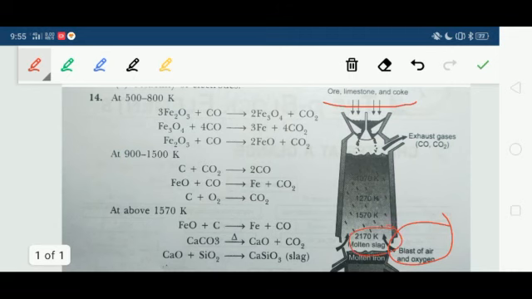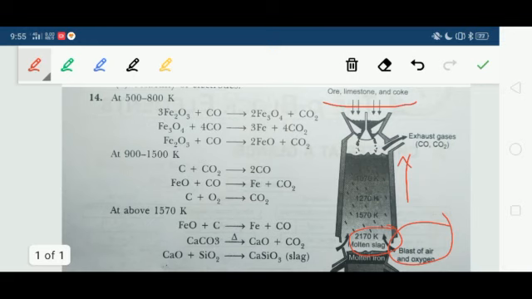The heat, along with the carbon monoxide produced, rises upward in the blast furnace, but the temperature keeps decreasing as we move from bottom to top. The temperature at the upper portion ranges between 500 to 800 Kelvin. At the middle, it ranges between 900 to 1500 Kelvin, and at the bottom it ranges between 1500 to 2200 Kelvin.